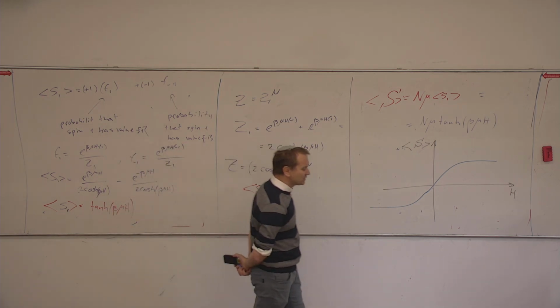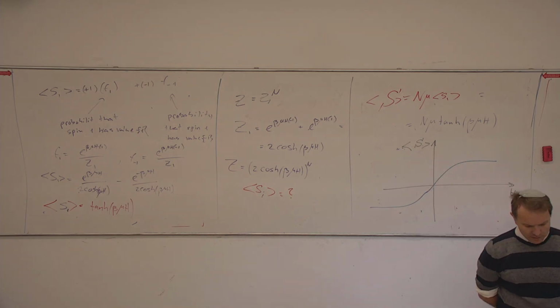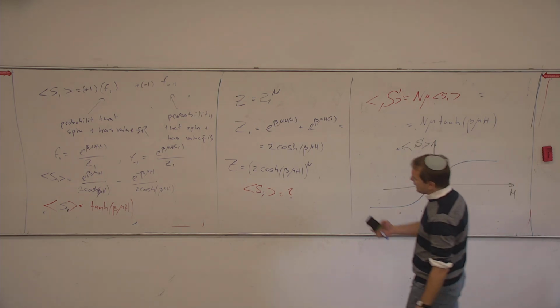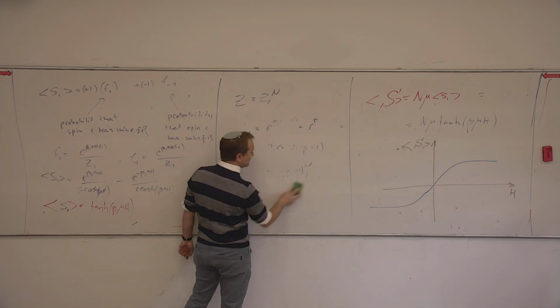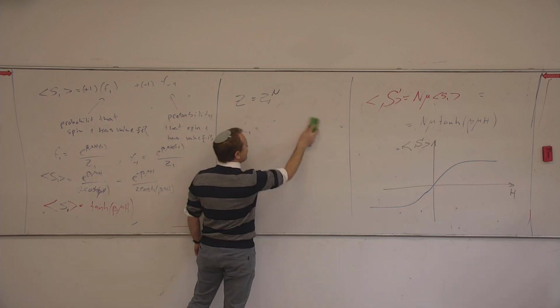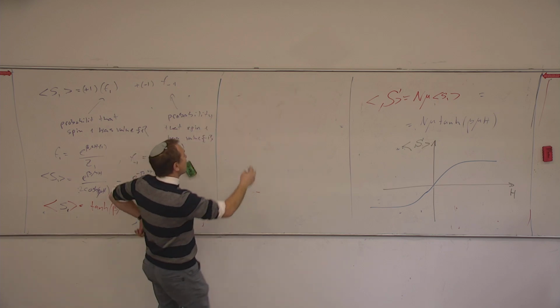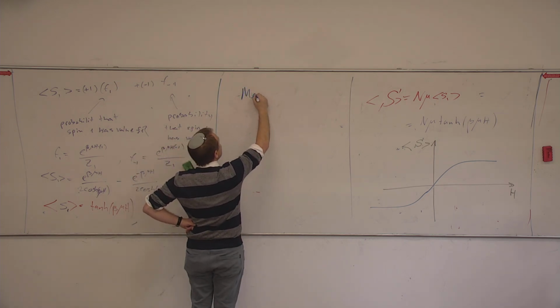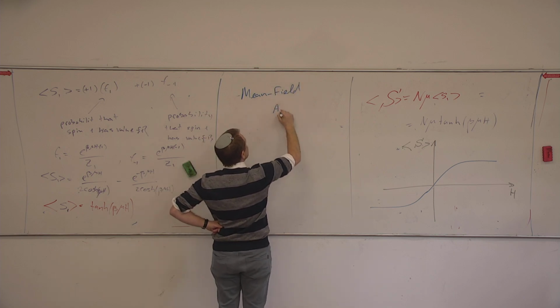But long before Lars Onsager, a neat technique was found that explained why approximately we do expect a ferromagnetic behavior. That's the approach that we will learn, and it's called mean field approximation.